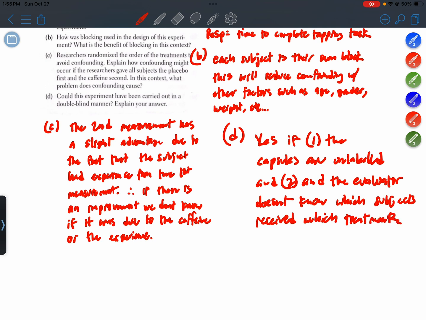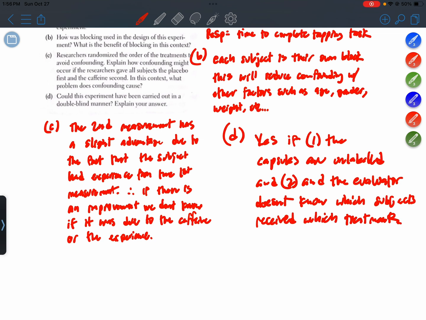All right, so yes, if one, the capsules are unlabeled, and two, the evaluator doesn't know which subjects received which treatments. Now, the reason why we don't want the evaluator to know is because we want them to record the data honestly, right?